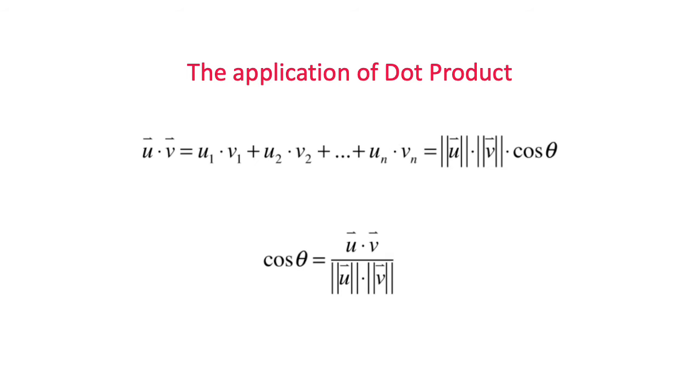Because the left side of this equation is equal to the right side, and because the right side has a reasonable geometric interpretation, we can say that the left side is the definition of dot product.